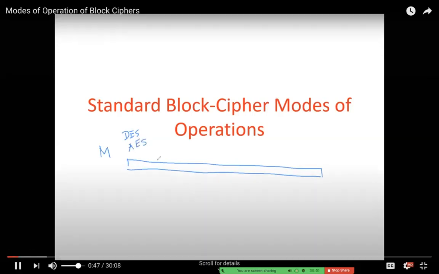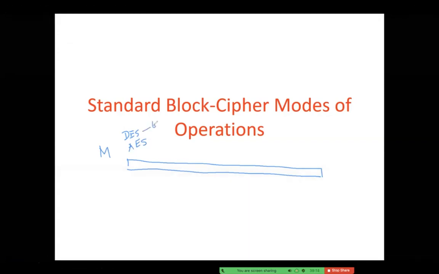This message is too long, and DES can only handle 64 bits at a time, and AES 128 bits at a time. So that means we're going to divide them into blocks, as we said earlier. We're going to call them M1, M2, and so on.